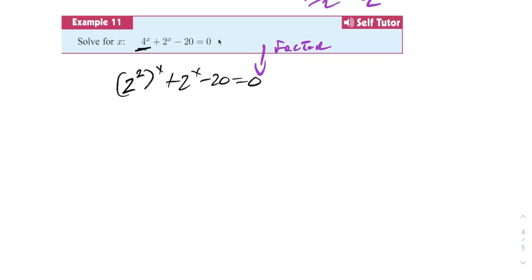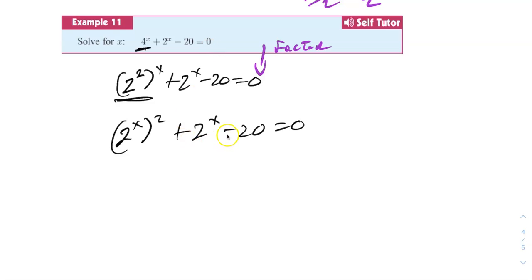Or another way to rewrite this is (2^x) squared plus 2^x minus 20. Now this you could factor. Again, a couple ways of factoring it. I just look at it like, okay, this thing is squared and this thing is the first power. It's like a normal quadratic, like if they're x's. So you just factor it like normal. Pretend it looks like this. Right, so we're going to factor that.